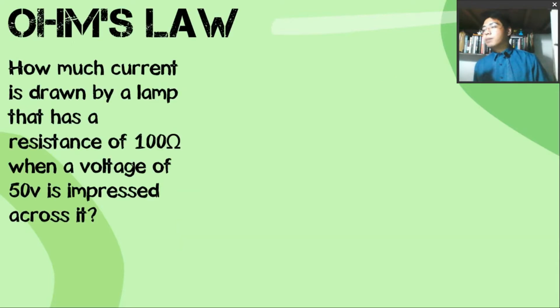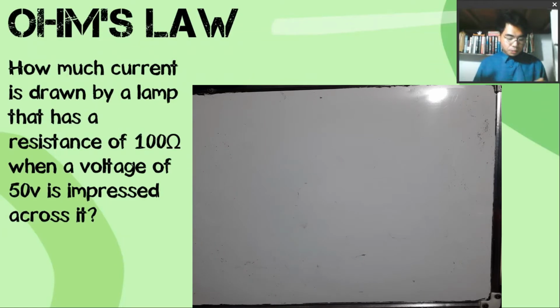The first problem, on page number 7 of your module, is: how much current is drawn by a lamp that has a resistance of 100 ohms when a voltage of 50 volts is impressed across it? Whenever we're talking about impressed, it simply means that it is present on that certain type of circuit.